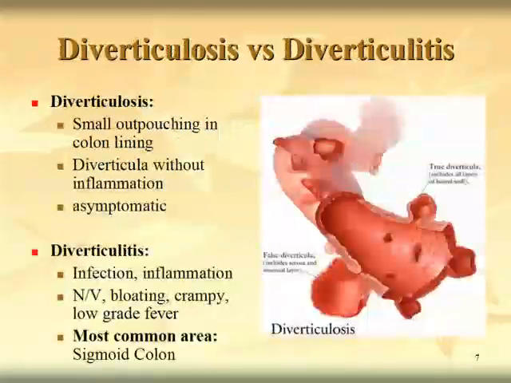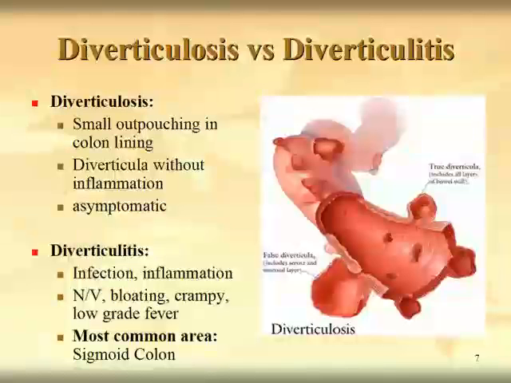Another type of disorder that we see in the GI system is diverticulosis, which is a small outpouching in the colon lining. You can have just diverticula without any inflammation. Once they become inflamed, then it becomes diverticulitis.